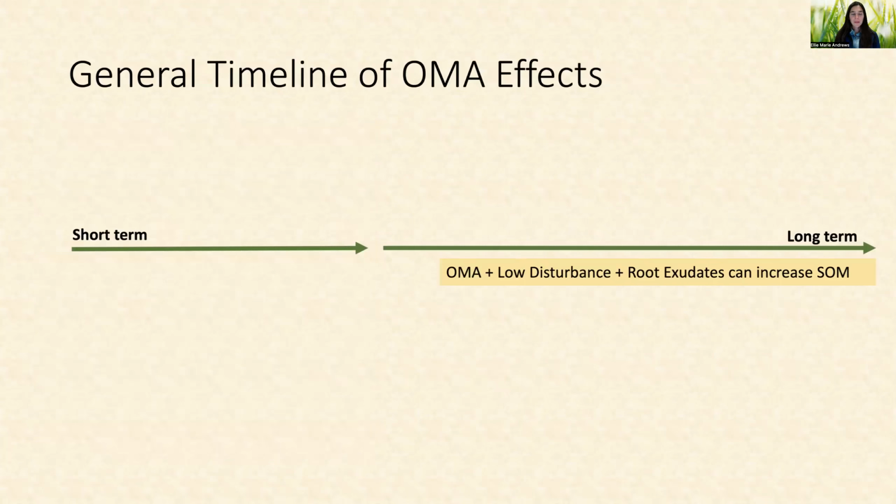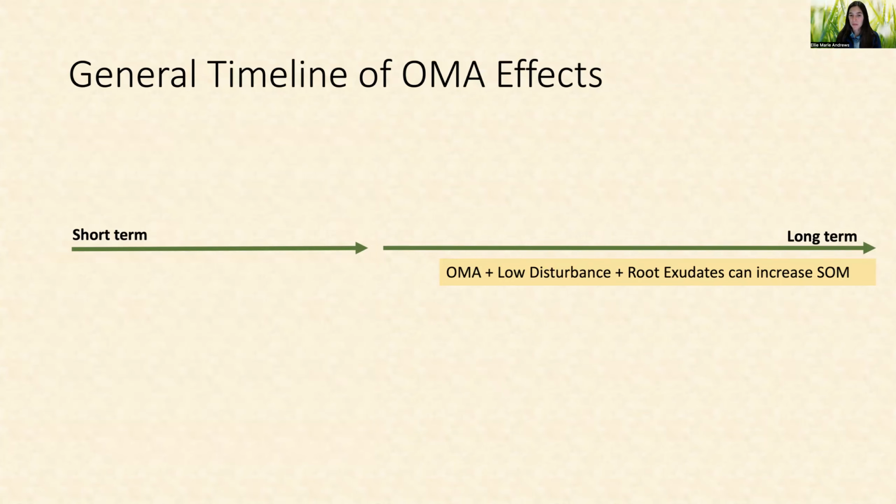So just thinking about, what can you generally expect when it comes to these benefits and effects of organic matter amendments? This is, again, broad and general, but in the short term, you can expect some benefits that I'll get into in a moment.